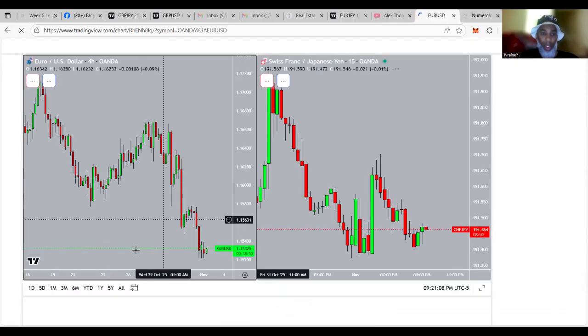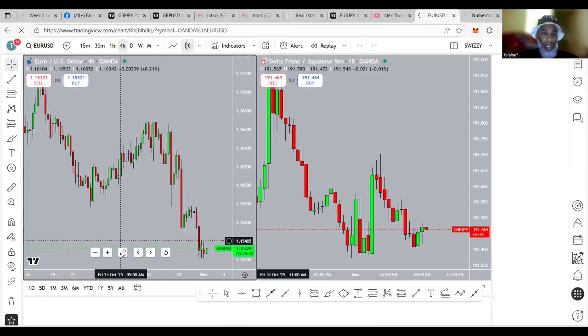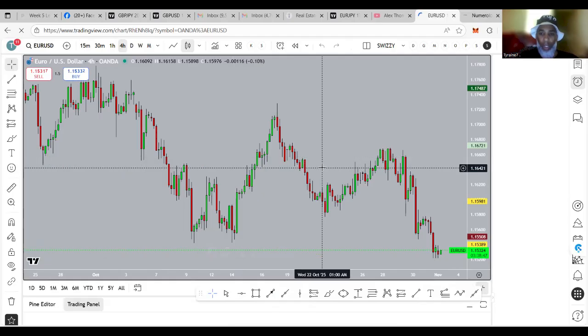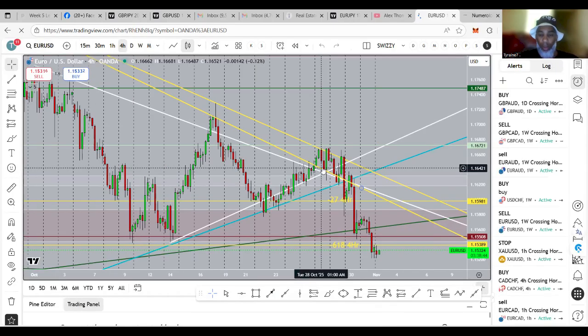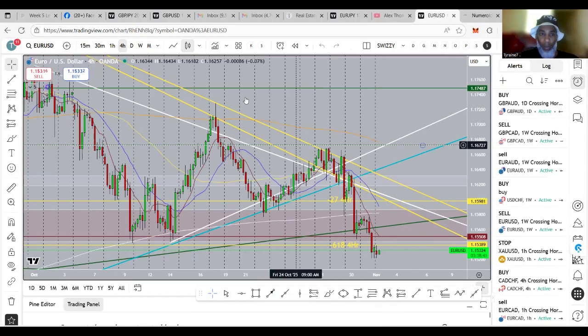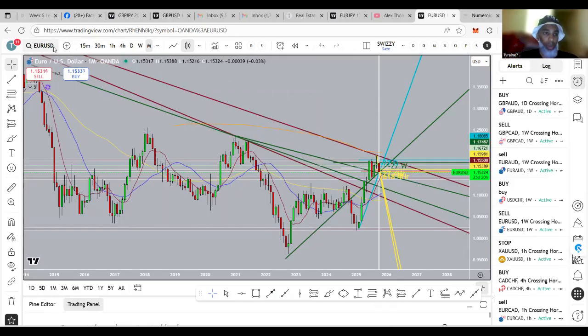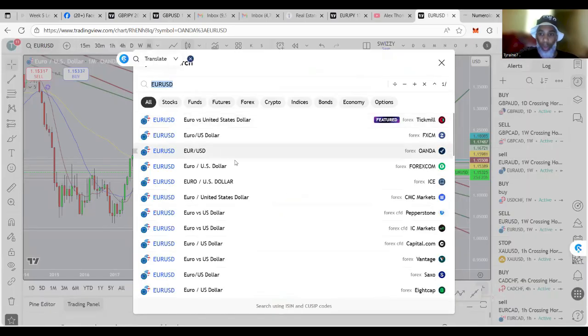Pretty sure I drew it up already. Actually, Euro USD, good. Blank chart. Oh, it's already drawn up. Like I said, I drew it up already. But what we're going to do is go to another one that I haven't drawn up.